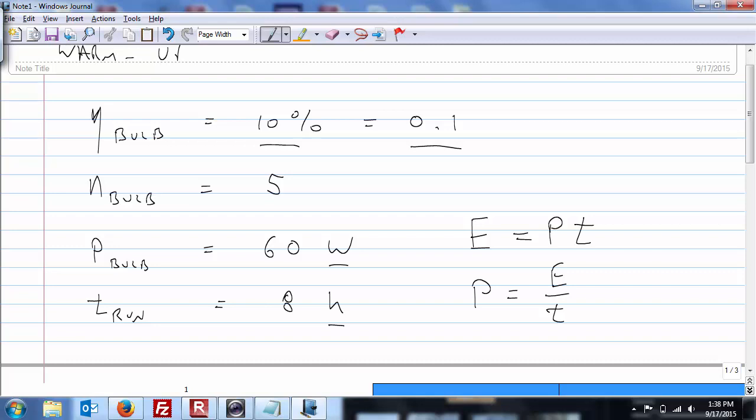If you want to know how much energy it is, you can't just convert from energy to power. You have to say, well, how long was that 60 watt bulb running? Well, 8 hours. You multiply power, which is measured in watts, by time, which is measured in seconds, and you get energy, which is measured in kilowatt hours or joules or what have you.